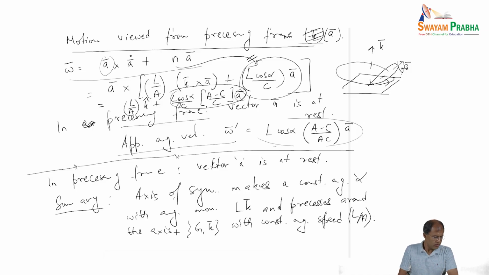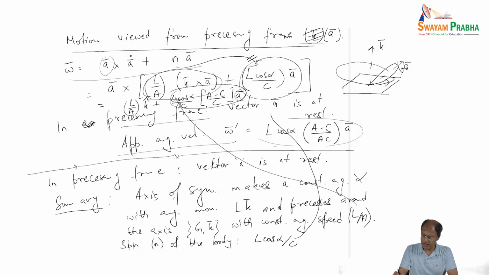Okay. So this is the L over A, this component of the angular velocity, and then we also have a spin. So the spin is also constant. The spin n of the body is L cos alpha by C, which is this component which is along the A direction.